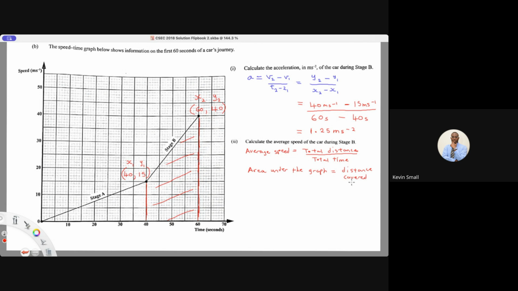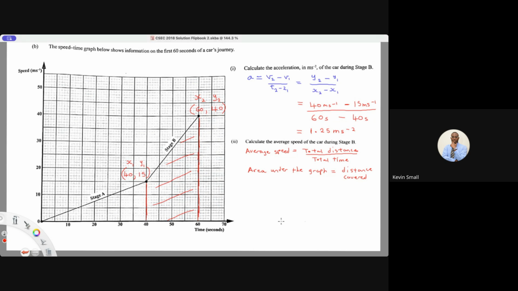Okay, so we need to work out the area of this trapezium. Anyone remember how to work out the area of a trapezium? If you don't remember, you don't remember. Half, a plus b in brackets, times h. That's correct.